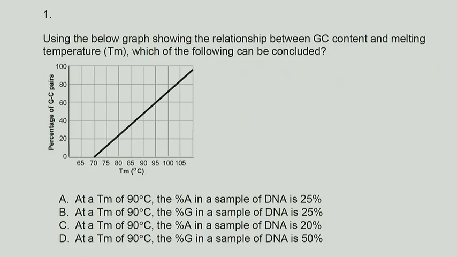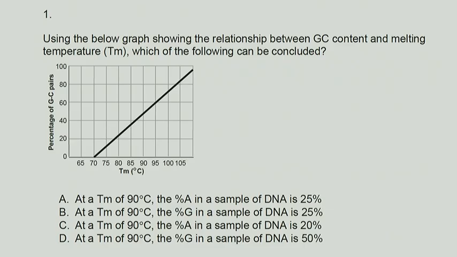That means you have 25% G and 25% C. It also means you have 50% AT, and because they are equal, you have 25% A and 25% T. So then we can walk through these. The first one, yes, the percentage of A is 25%. The percentage of G is also 25%.